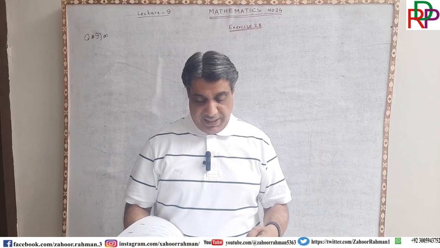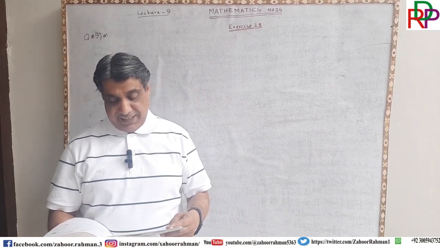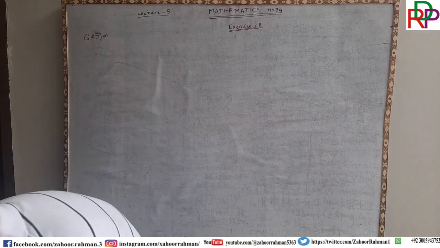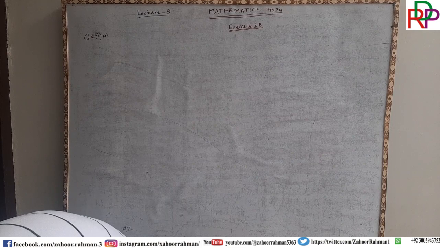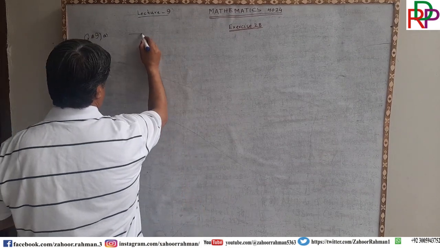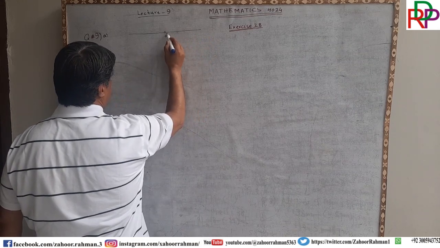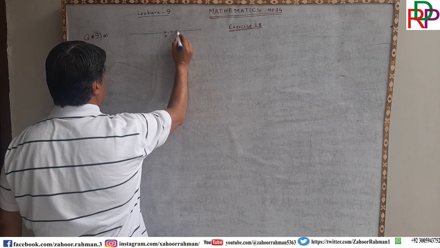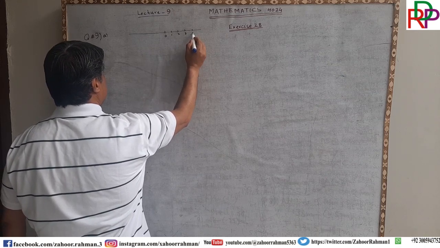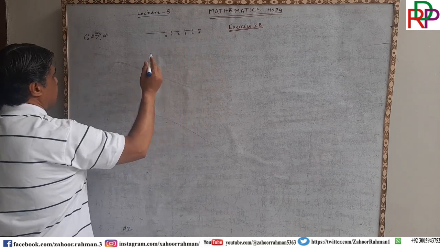Question number 9 is saying, using the number line, find the difference between minus 2 and 3. They have given us a number line. Remember that there is a 0 inside it. This is 1, 2, 3, 4, and 5.